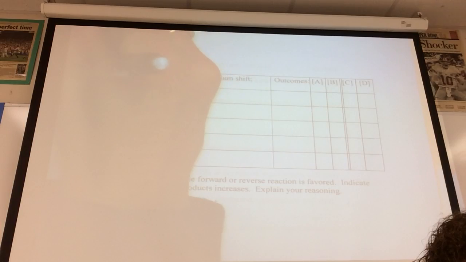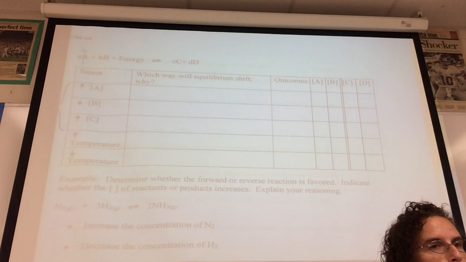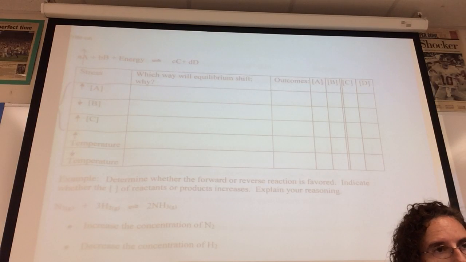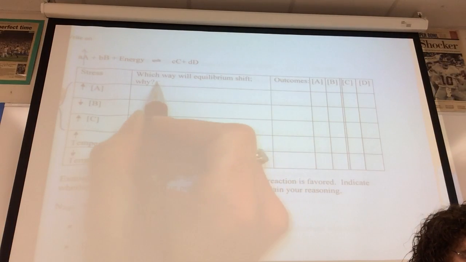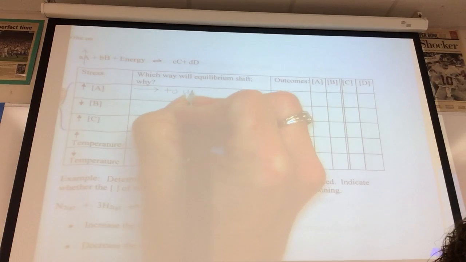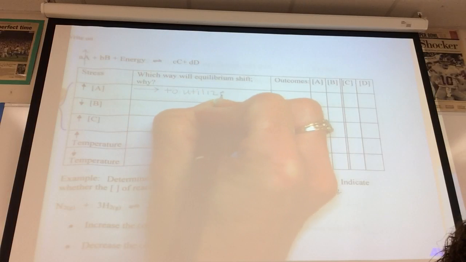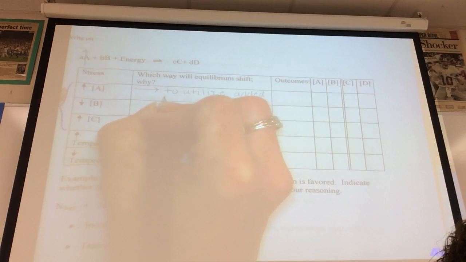If I increase the concentration of a substance, I will shift away from that substance in order to at least partially use what I have added. So when I increase the concentration of A, equilibrium will shift in the forward direction to utilize added A.